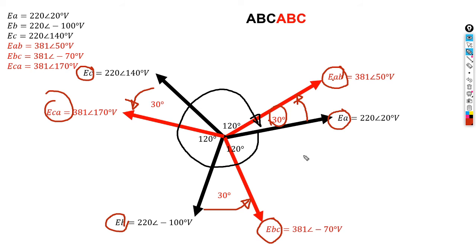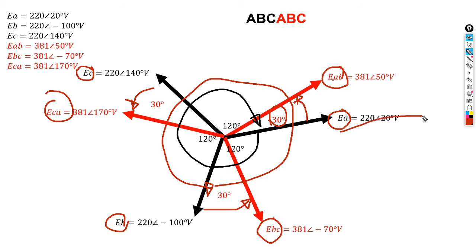After putting my clockwise direction, now I go in an anti-clockwise direction to make sure that my lines are leading their corresponding phase. Okay, so this is an example where the reference is a phase voltage. I will do another example when the reference is a line voltage, and then you're going to see the difference between the two.